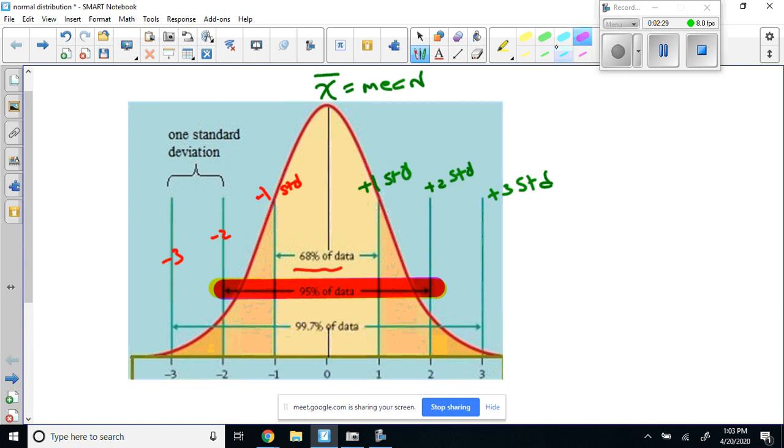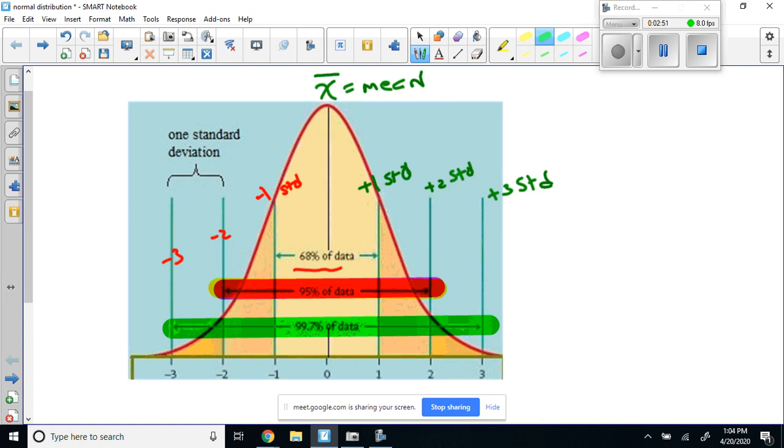Now, if you were to go 3 standard deviations above and below your mean, then what you're looking at is actually 99.7% of your data, right?